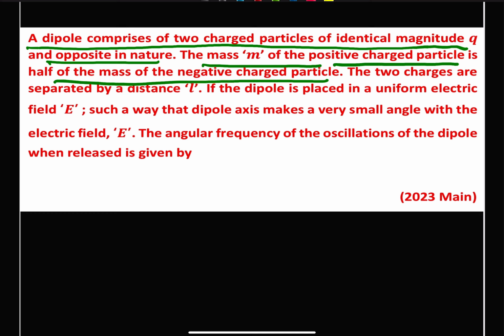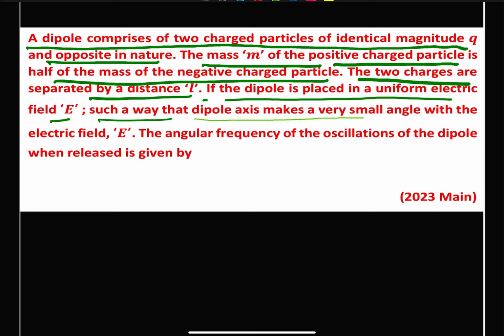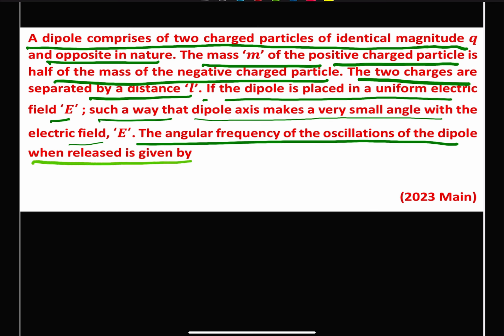The two charges are separated by a distance L. If the dipole is placed in a uniform electric field E such that dipole axis makes a very small angle with the electric field, the angular frequency of the oscillations of the dipole when released is given by. In a normal question of dipole, we always take mass as well as charge to be the same. Charge will be opposite obviously, but in this particular case the charges are no doubt opposite, but the mass is half of the other.